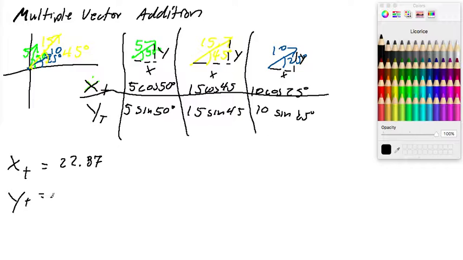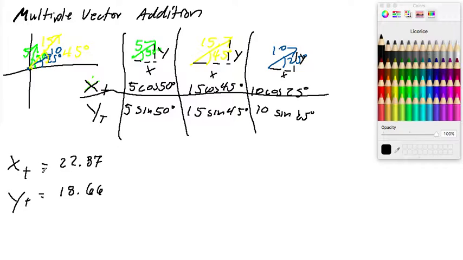So y total now will be 18.66. Just put these numbers on your calculator and you will find this. Remember to always set your calculator to degrees, because if you put 45 radians, it's a completely different thing than degrees.